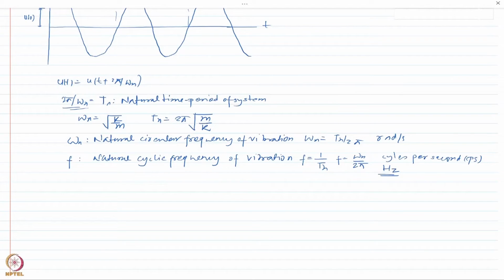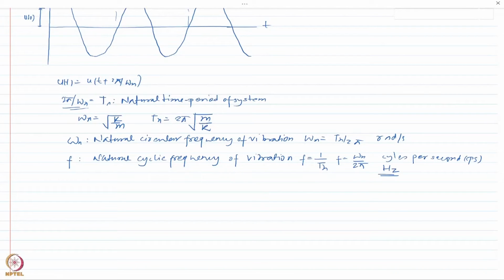Now we are using the word natural quite a lot. You just have to keep in mind the significance of the word natural: it means that it is without any action of external load, and it is for an undamped system.